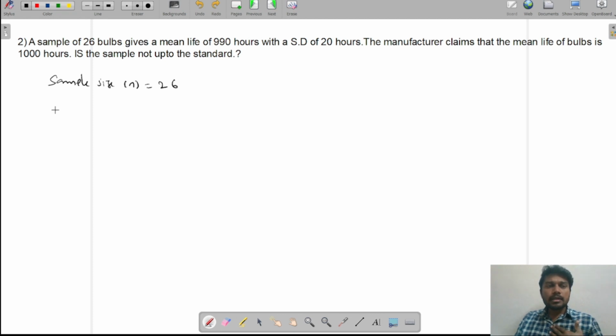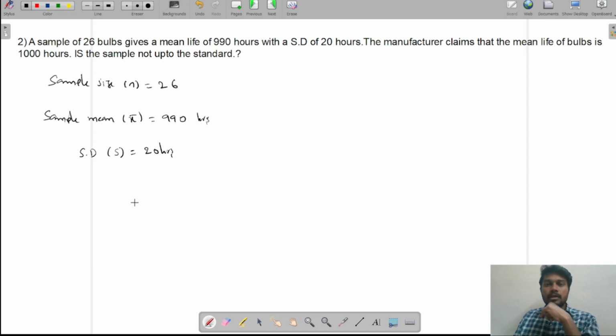So can I say this is a sample mean? Yes. So sample mean x bar equal to 990 hours, with a standard deviation of 20 hours. So standard deviation s equal to 20 hours. The manufacturer claims that the mean life of bulbs is 1000 hours.